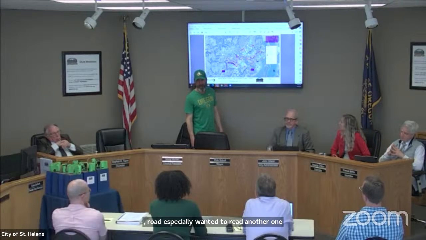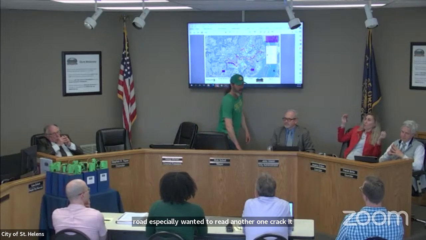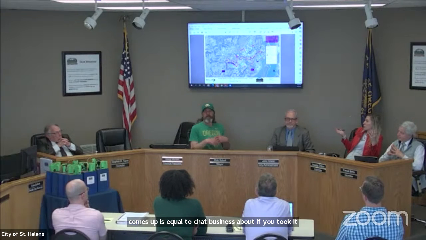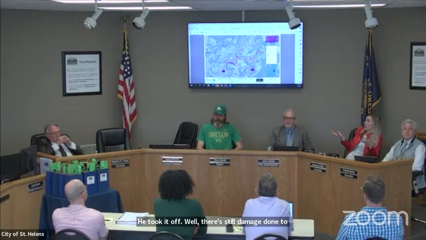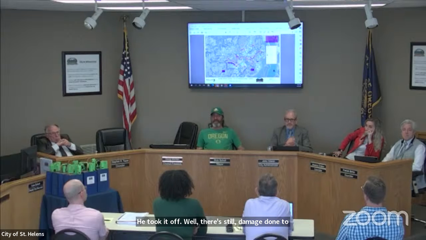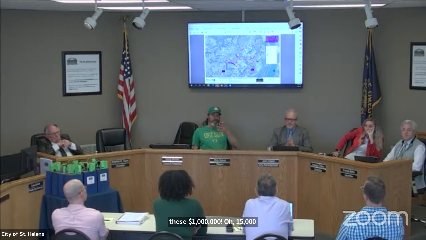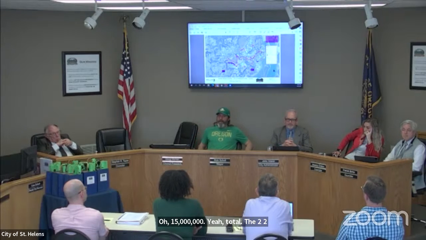The Comstock is equal to Chad Davis about, it's about the same. And if you took it off, well, there's still damage done that has to be repaired. There's some major repairs. Right, $10 million, 15 million total. The two together is 10 and then another 5 after that.